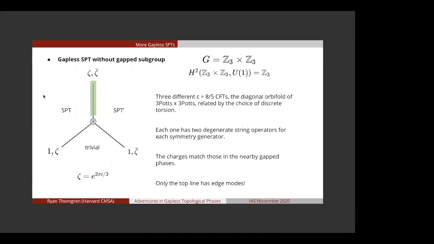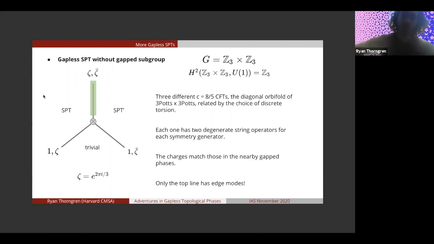But Ryan, I have a variant of Nati's question. What if you replace the three-state Potts by any other CFT with a Z3 symmetry? Do you get a different qualitative result? Well, the conjecture is that if the trivial phase is not accessible by some relevant perturbation, then you have boundary conditions.